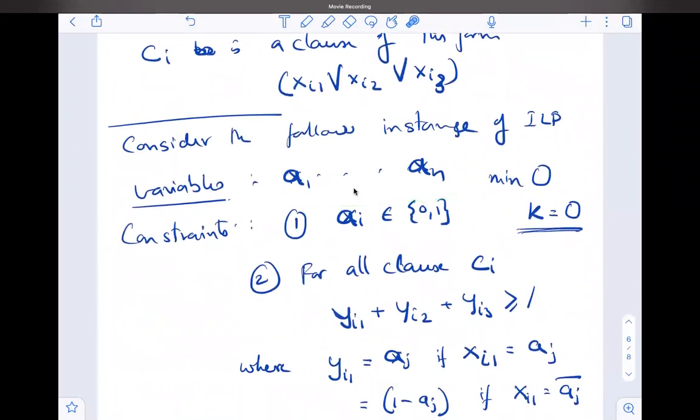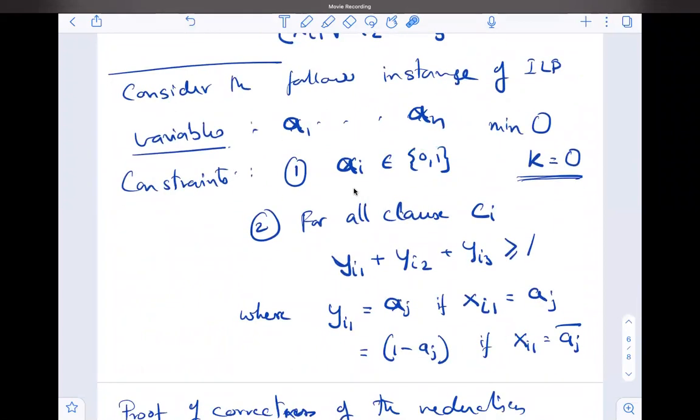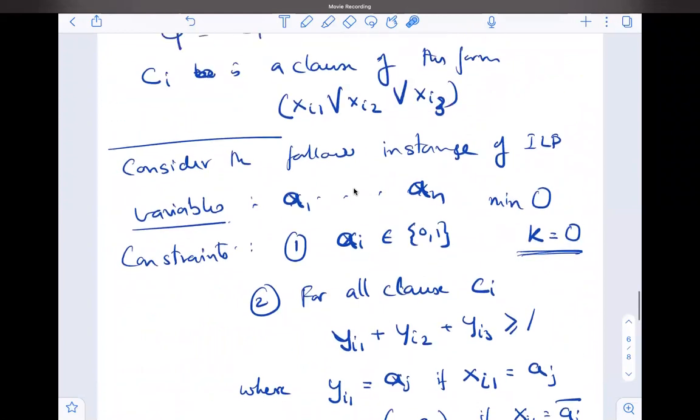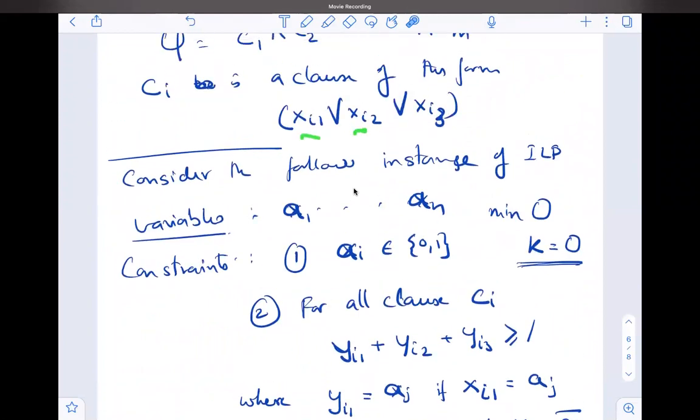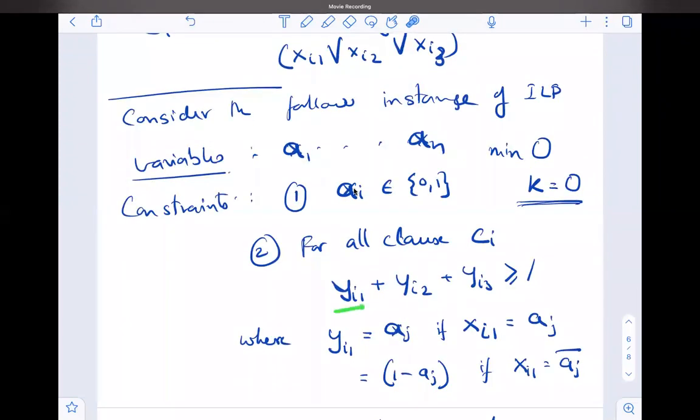And now if a clause is satisfiable, that means at least one of these 3 things has to be 1, so these 3 things add up to at least 1, because all of them are non-negative, and if any one of them is 1, then the sum has to be greater than or equal to 1.